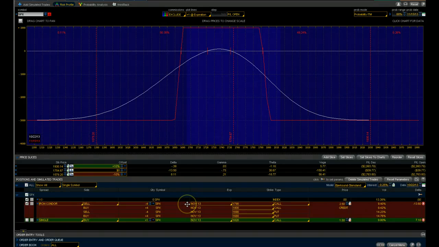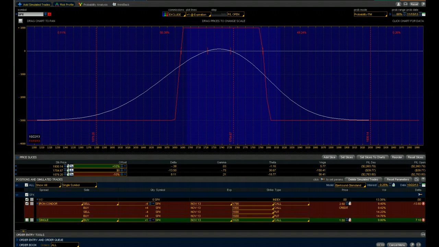Now, if you notice, my deltas were minus 13.50. What I like to do is put on a call, and I want to cut these deltas in half. So you can see here that I bought a November 1820 call.